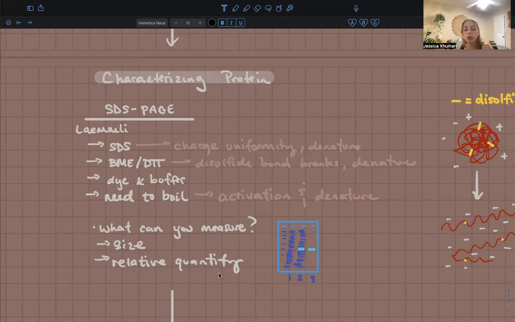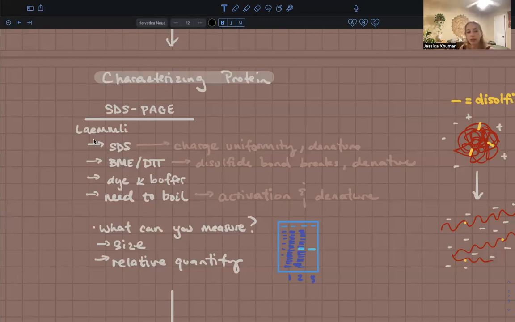Okay, so importantly, SDS page is a denaturing gel. Okay, this means that we're going to destroy the functional properties of this protein, and it's going to involve this Laemmli buffer. Okay, this includes SDS, which is also present in the buffer used to run the gel. But this SDS creates a charge uniformity, right?